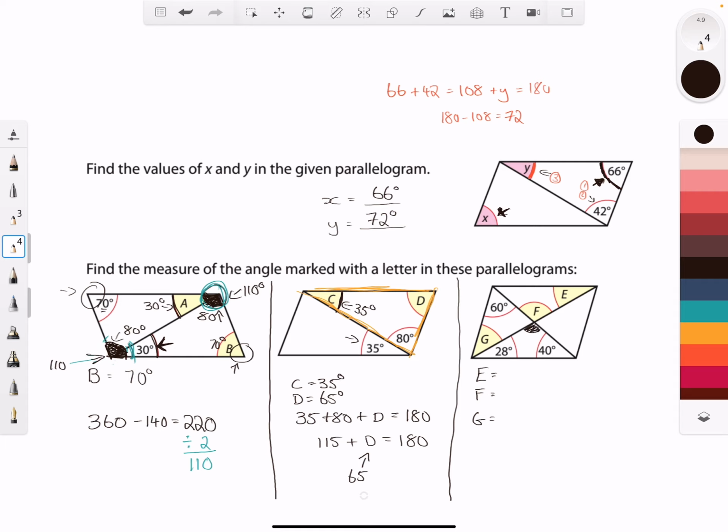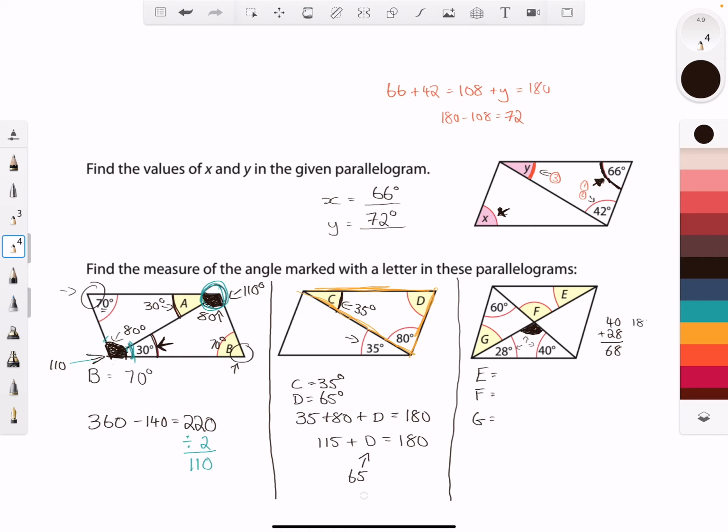This angle, because this angle is opposite F, isn't it? So if we find out what this angle is, we find out what F is. Now, 40 plus 28 will give us 68, correct? And I know that the three angles of a triangle, this angle here, this angle here, this angle here, when you add them together, you get 180.